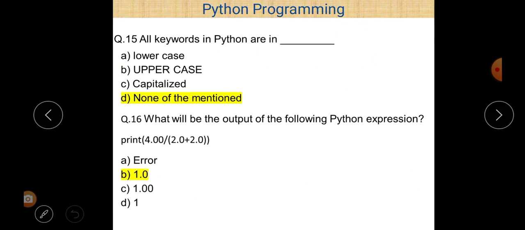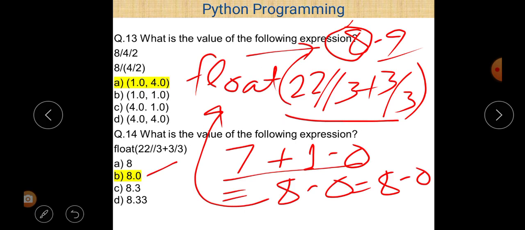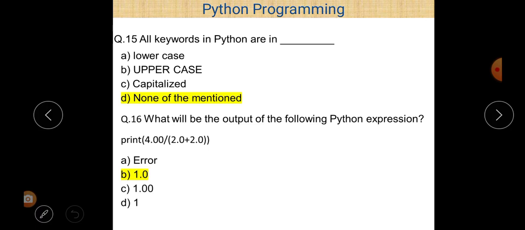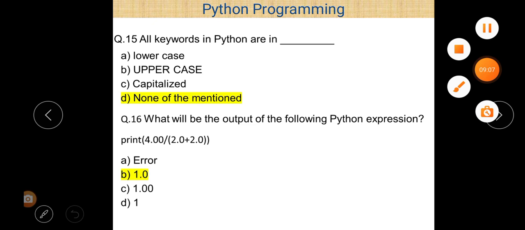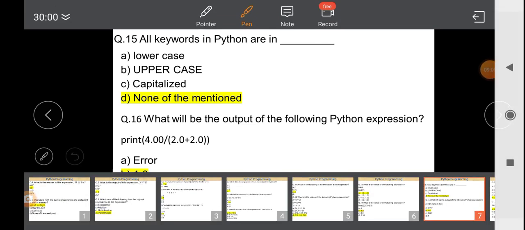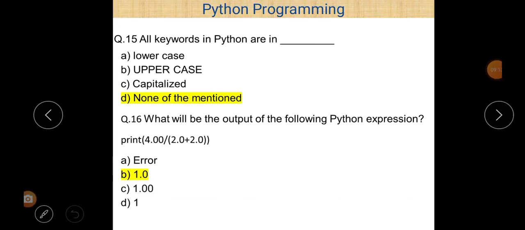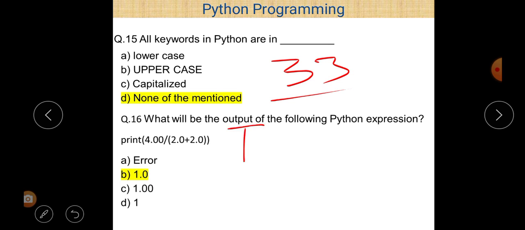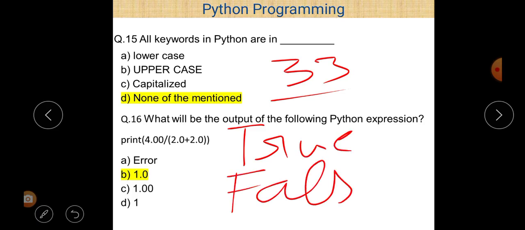Now let us take another question, question number 15. Are all keywords in Python in lowercase, uppercase, capitalized, or none of the mentioned? As we know, in Python 3.7 there are a total of 33 keywords, in which two keywords, True and False, have a capital first letter.